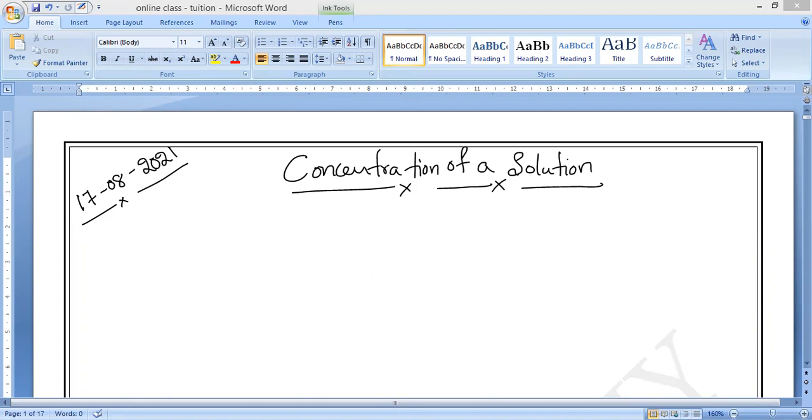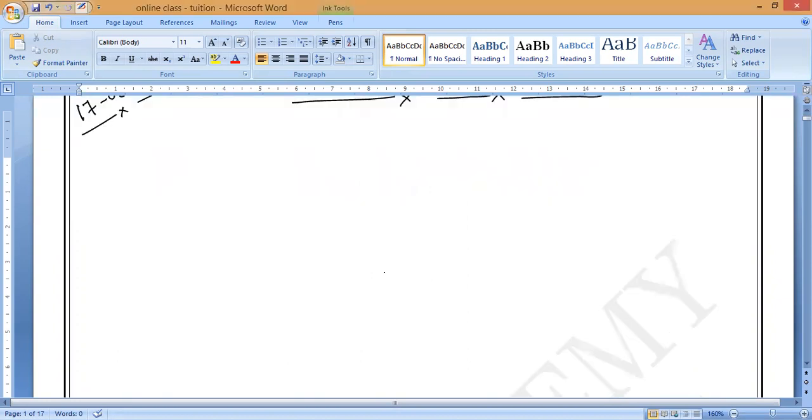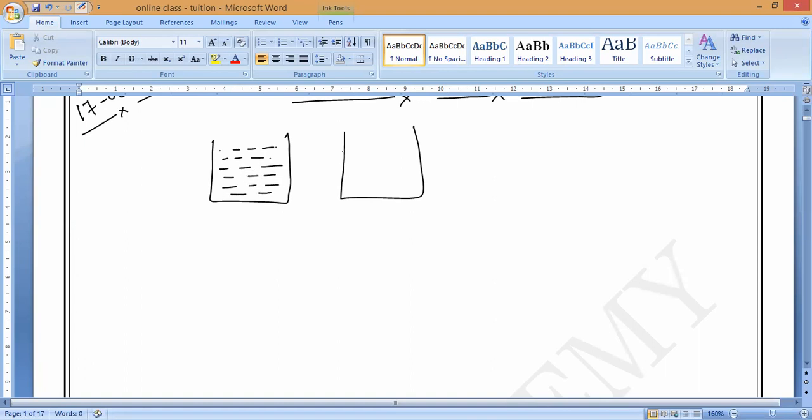So now here I want to tell you two things. Suppose let me take one beaker. I have taken 1 liter of water. In another beaker I have taken 1 more liter of water. What is the amount of water? 1 liter. So in both I have taken 1 liter of water.